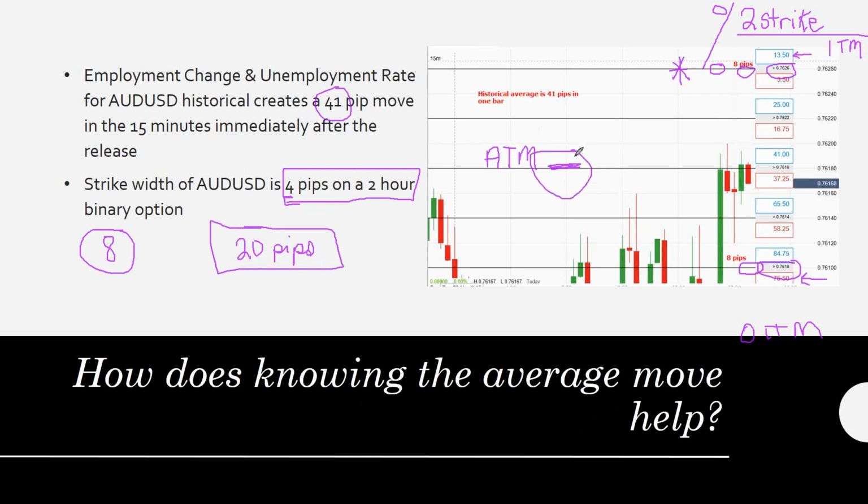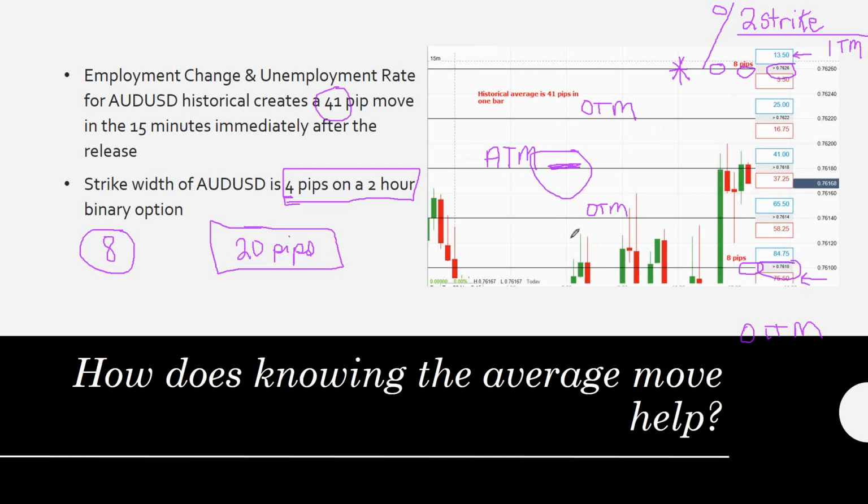This is your at the money strike, okay? If you're going long, this is your out of the money. If you're going short, anything below price is out of the money, okay? So you have the at the money strike, and then you have out of the money for long and out of the money for shorts.